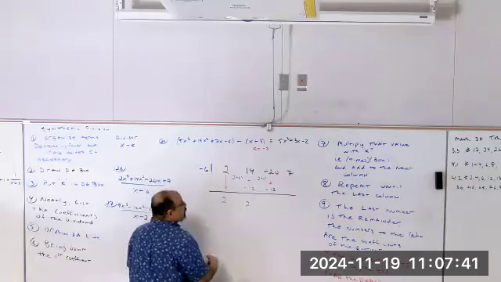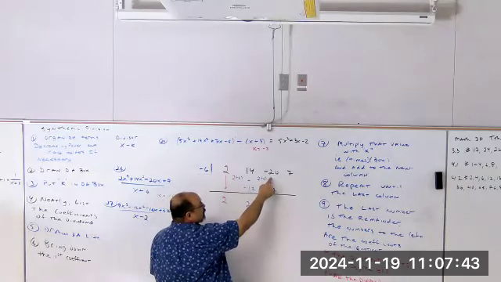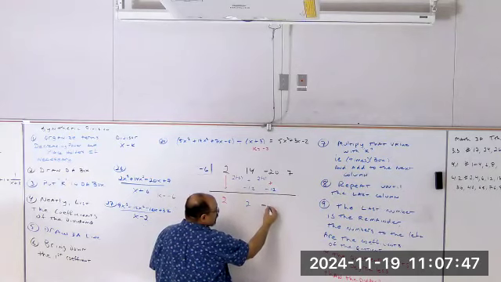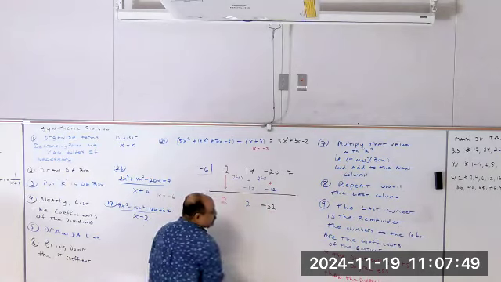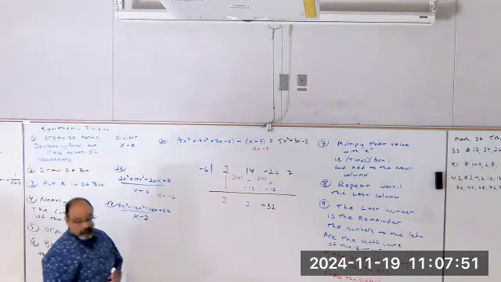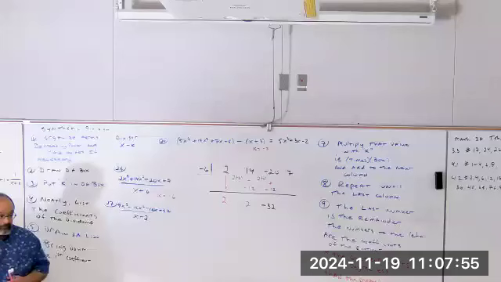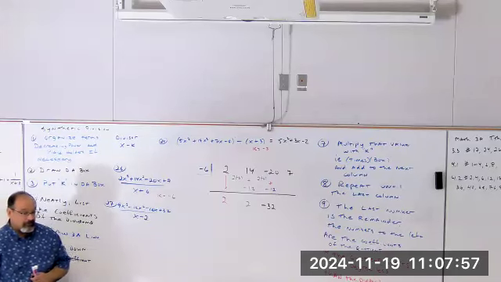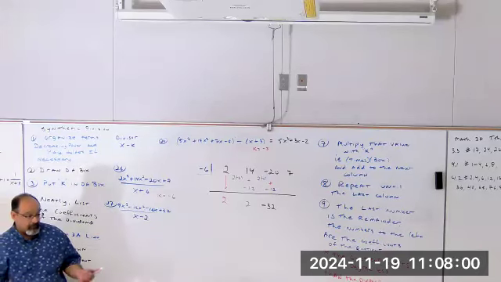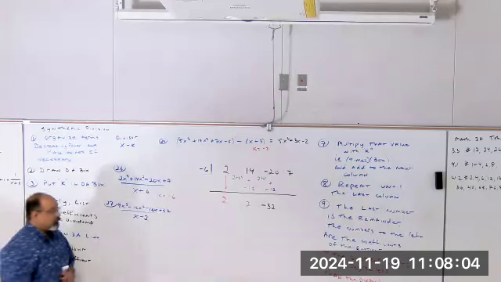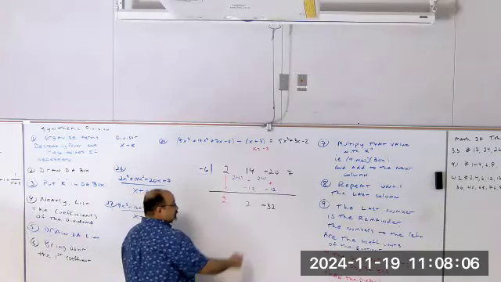If you borrow $20, then you borrow another $12. -32. So you gotta make sure you do that subtraction or addition correctly.